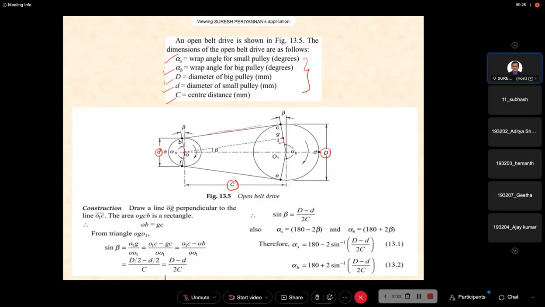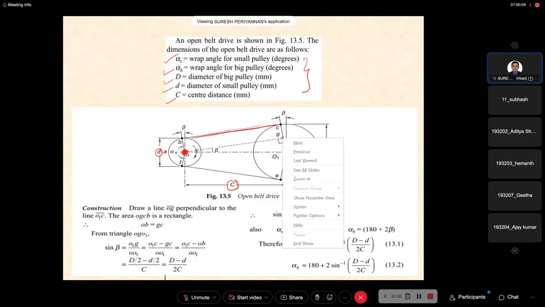Some books say to draw a perpendicular line from the bigger pulley, and some books say you can draw a line parallel to our belt from the starting pulley here. Obviously the line is going to meet perpendicular to the radius of the bigger pulley. Or else you can draw a perpendicular line where the line is making a perpendicular.